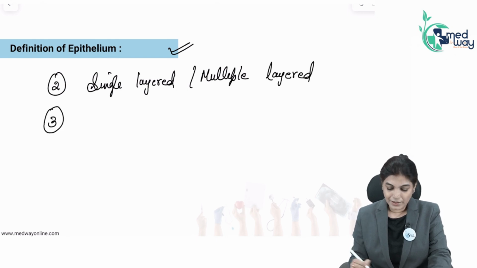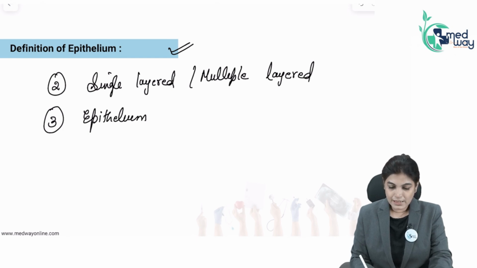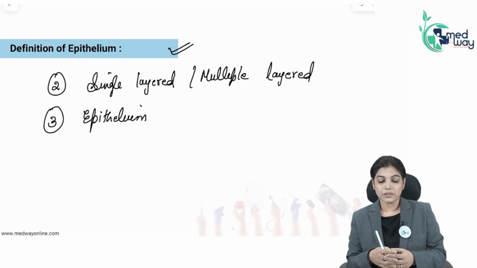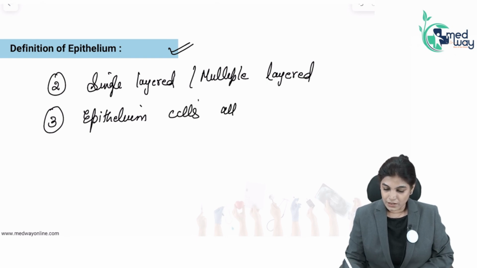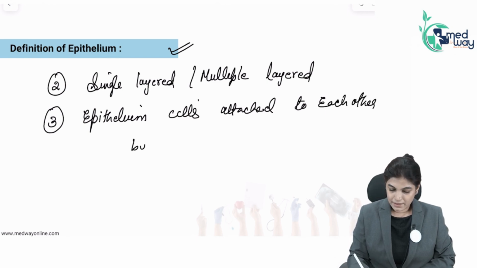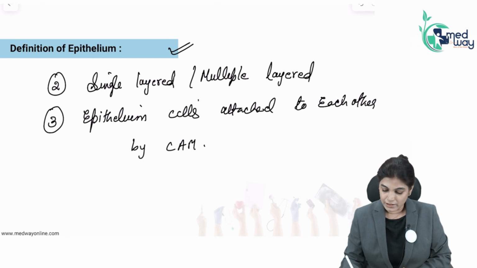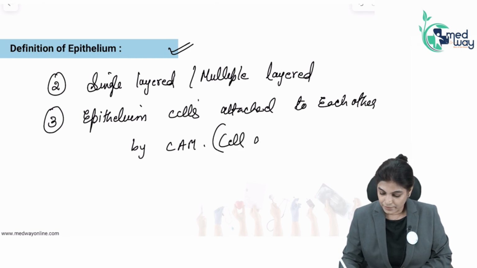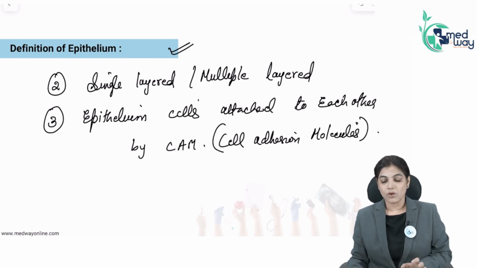Other than that, the cells of the epithelium are attached to each other by CAMs. What is that? Cell adhesion molecules. So that attachment is called cell adhesion molecules. Other than that, epithelium rests on the basement membrane.